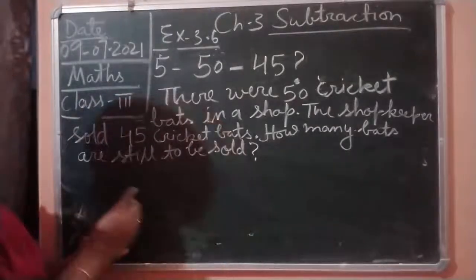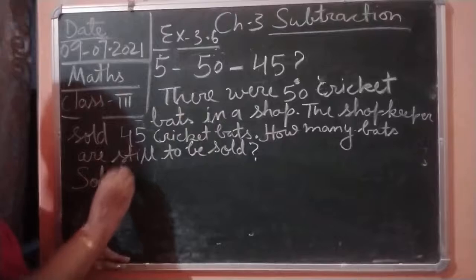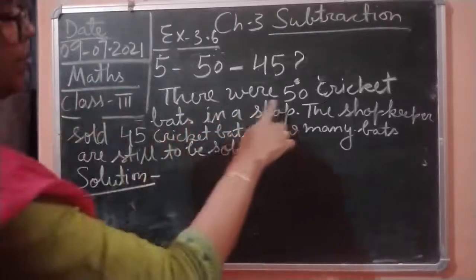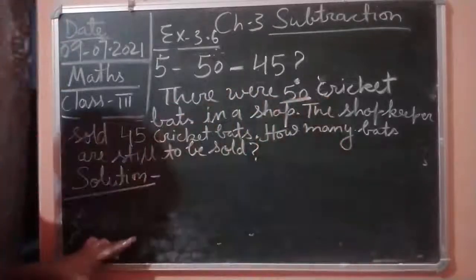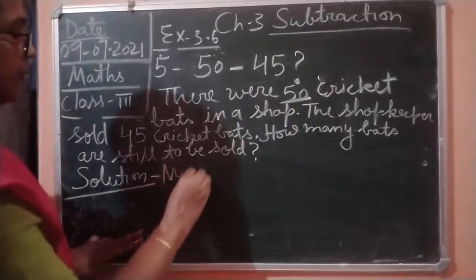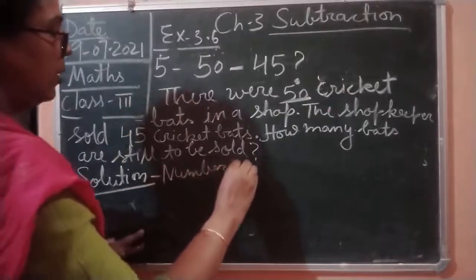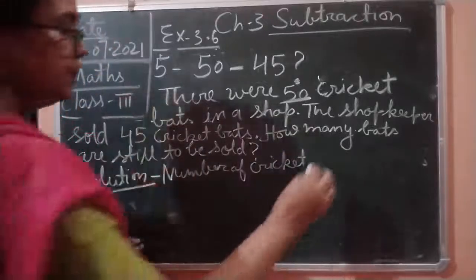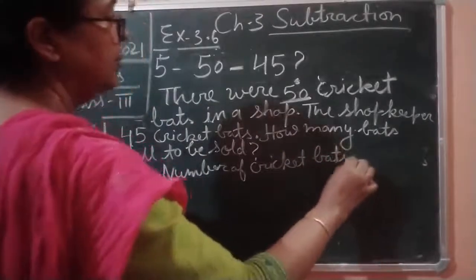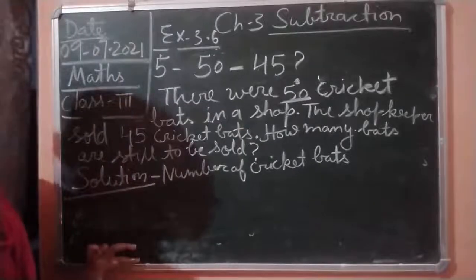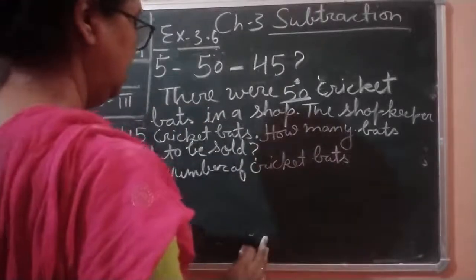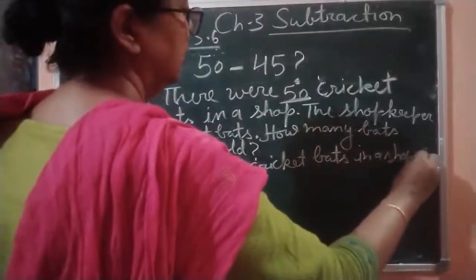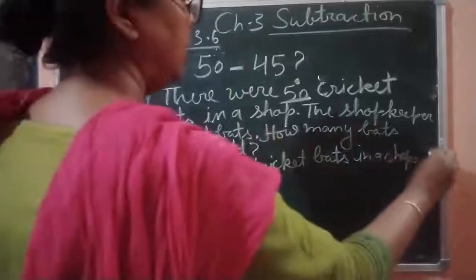Now we are moving to the solution. Solution I am going to write over here. You can see. First what we will do, there were 50 cricket bats. Okay. So number of cricket bats in a shop, in a shop, so equal to 50.